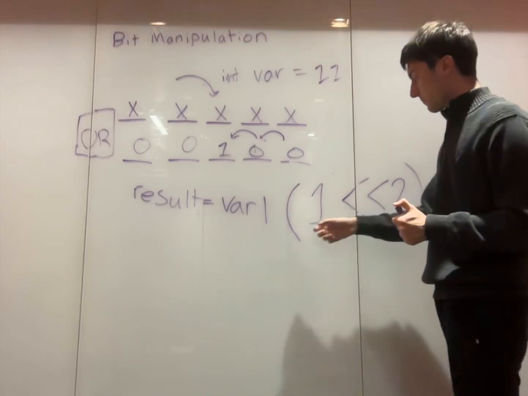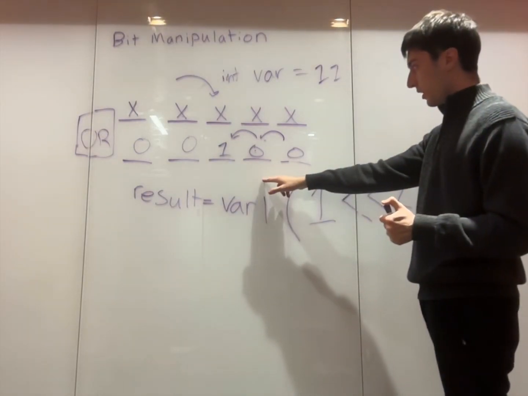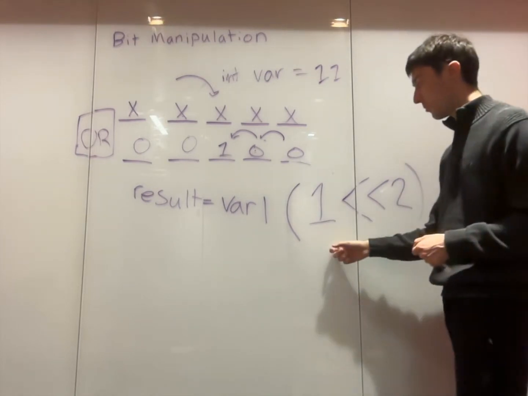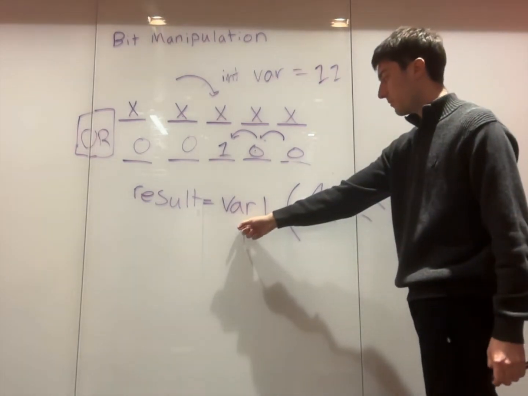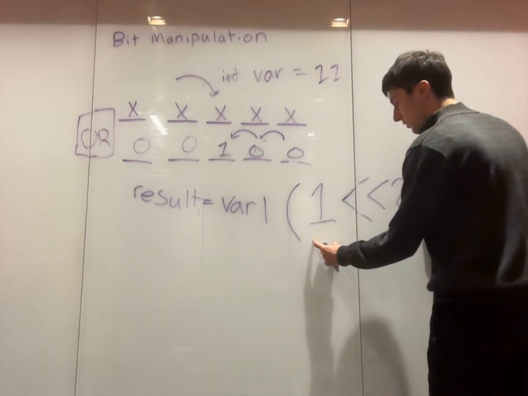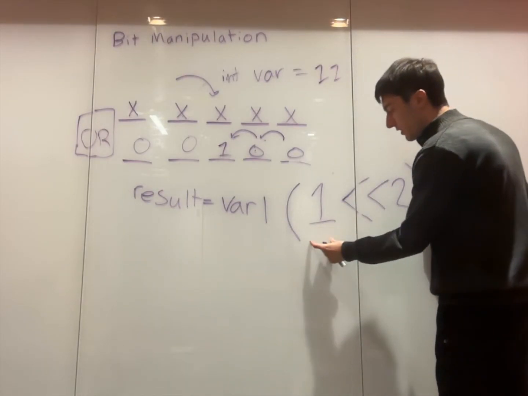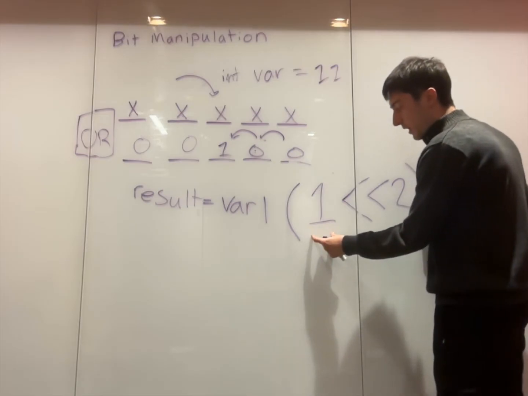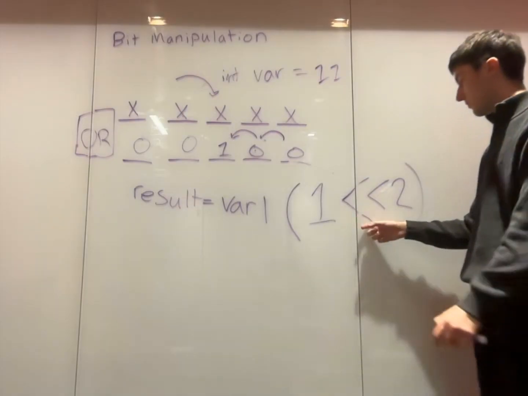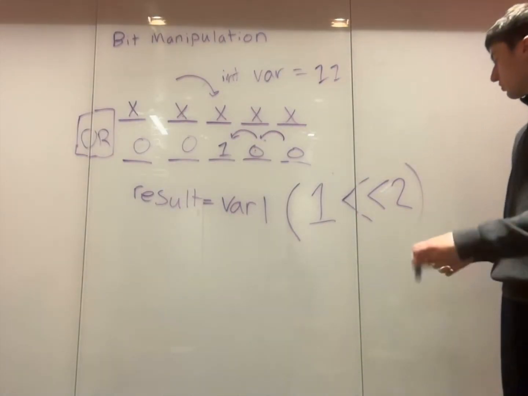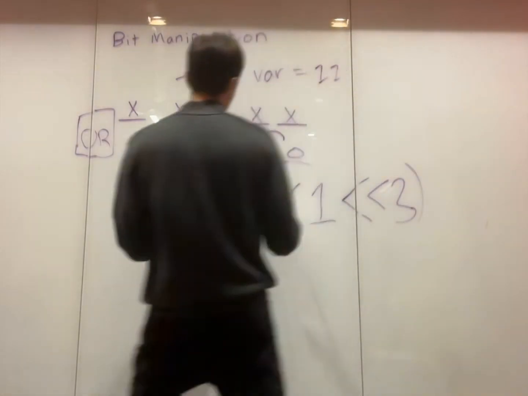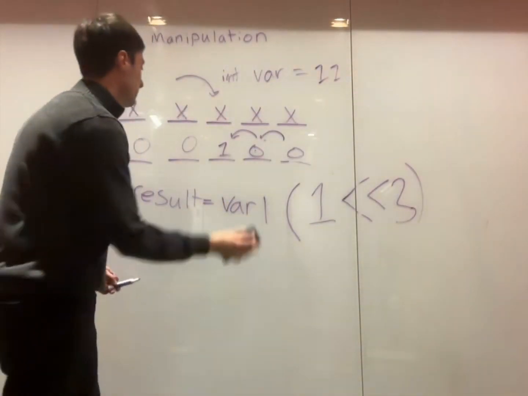Then you have to actually create the number which you want to do the OR operator with. So you have your variable ORed with the number that you want. The way you get that is you put a 1, and then how much you want to shift over by. Shift by 2. If this was a 3, what's going to happen? Well, this is actually going to shift.